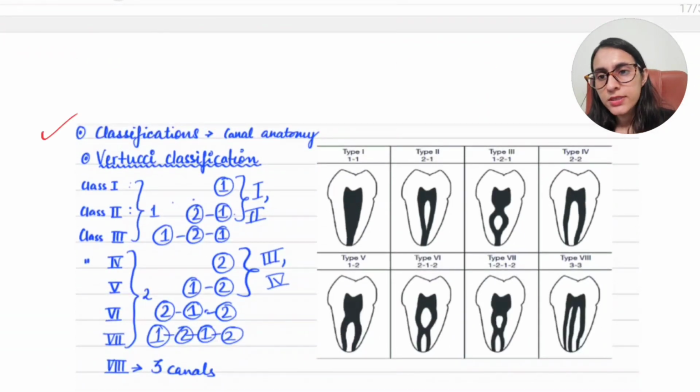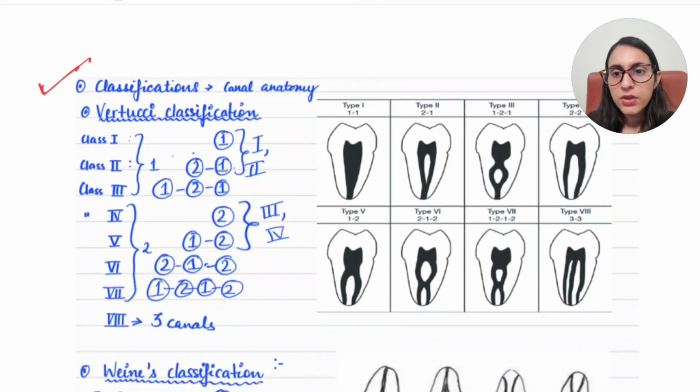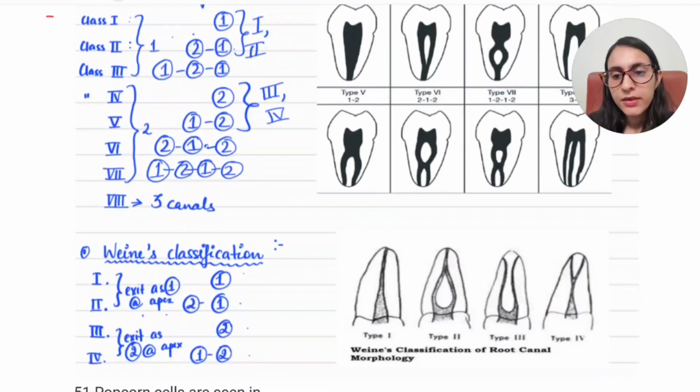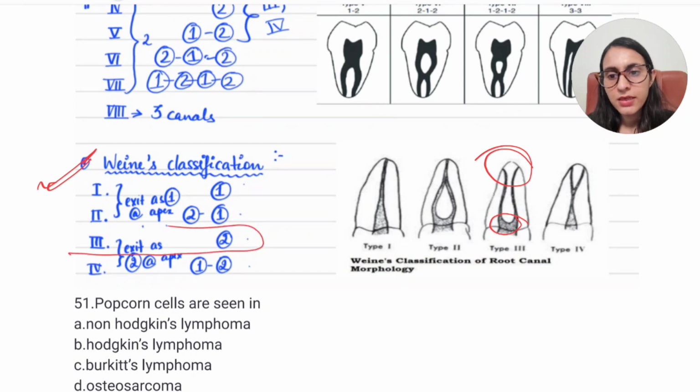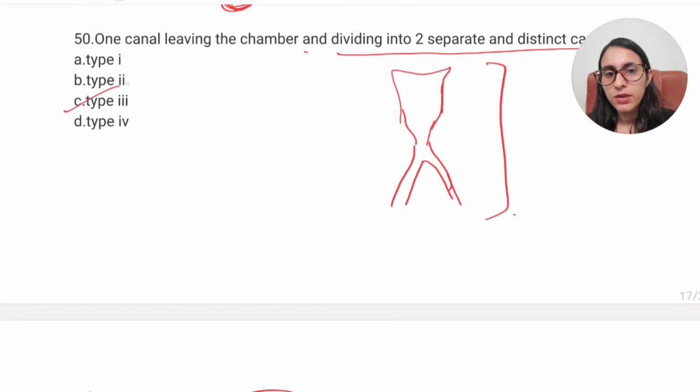This is from the endodontics crash course lecture, the classification of canal anatomy, here the Vertucci classification. So canal exiting as one and dividing into two, this is class 3, and the answer to this question is type 3.